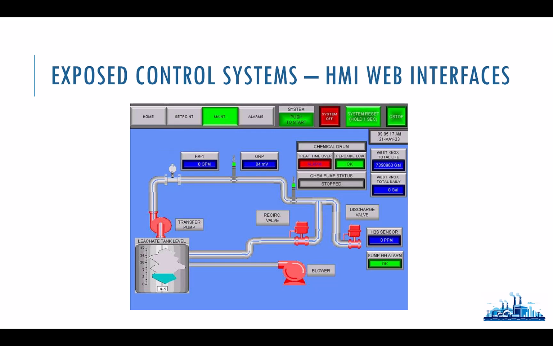It's interesting when you find, like in this case, this tank that stores some type of liquid, and there's a blower, and then you can see the different pumps to be able to move liquid out of the tank, and all the different valves. We don't want anybody sitting here, especially at the chemical drum. I don't want anybody sitting there able to make changes.